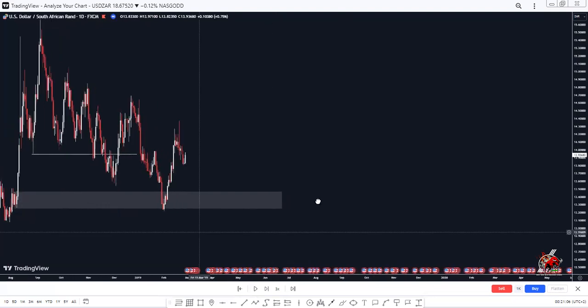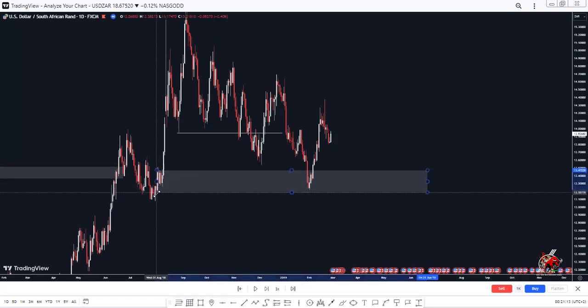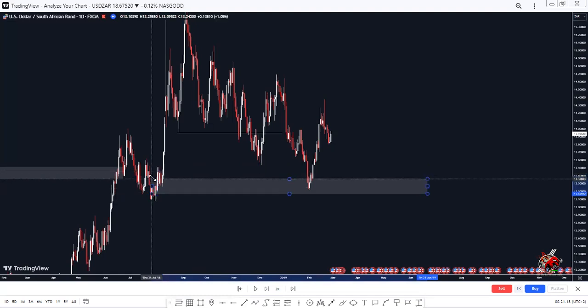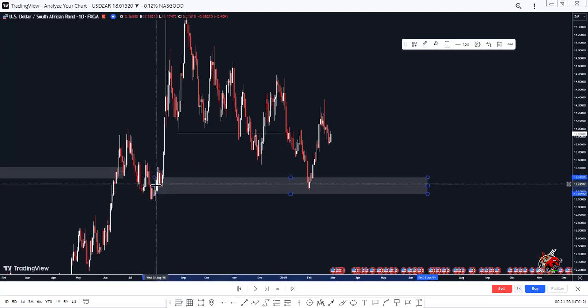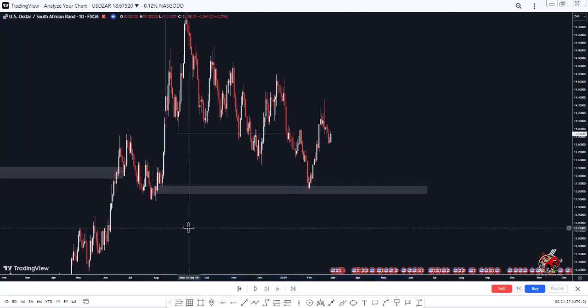If you went on lower time frames, let's say for example 15 minutes, you could have been able to refine this order block. Let's say this one, because maybe there's a gap, there's an imbalance here on lower time frames. Because right now I'm on the daily time frame.